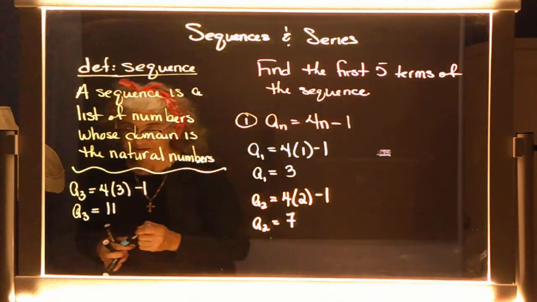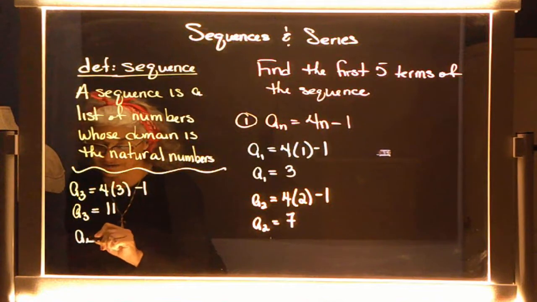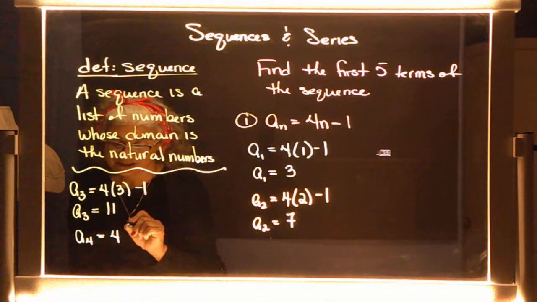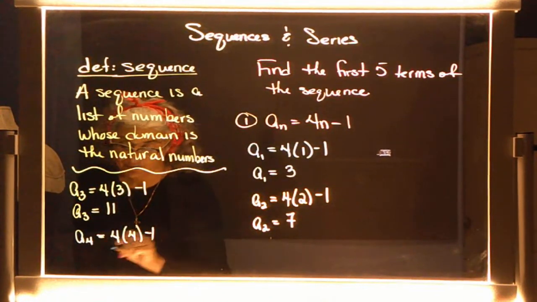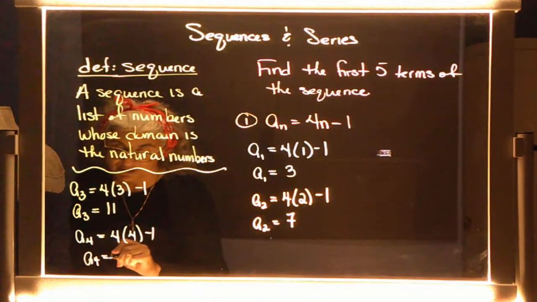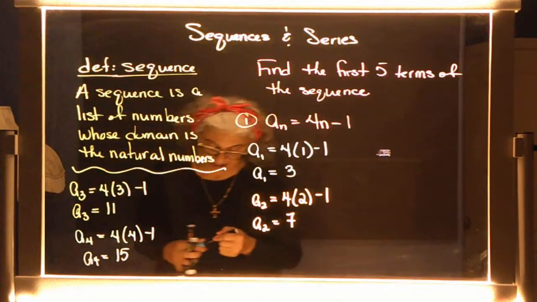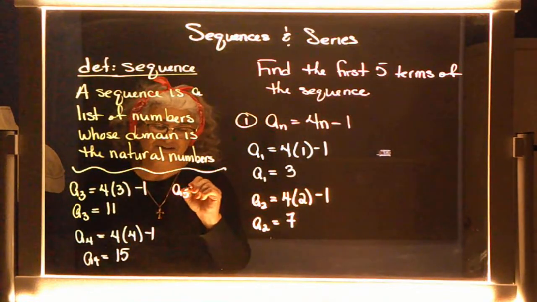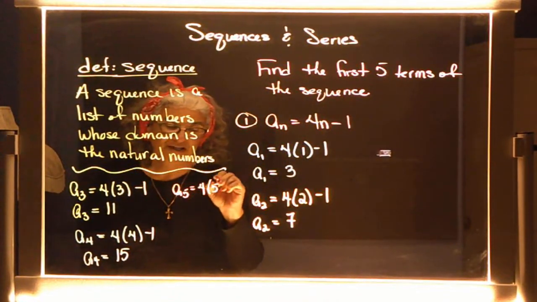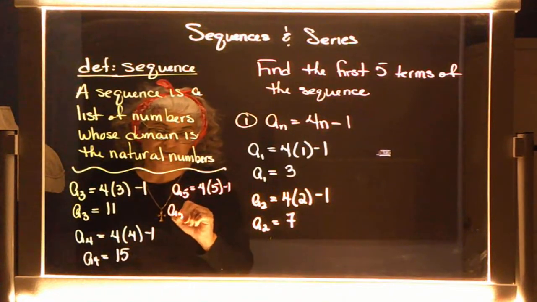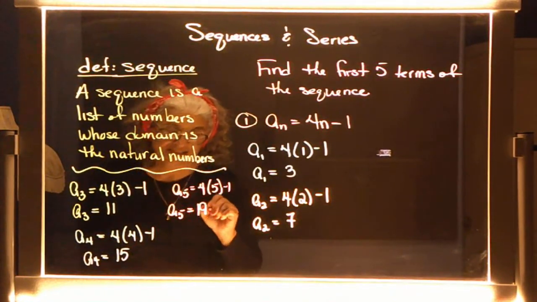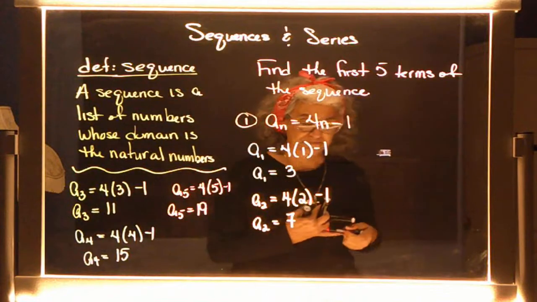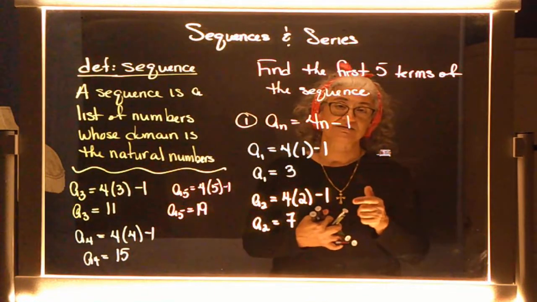That's going to be 4 times 4 minus 1, which means the fourth term of the sequence is 15. And last but not least, term number 5. 4 times 5 minus 1, which means term number 5 is 19. Cool? Does this make sense?